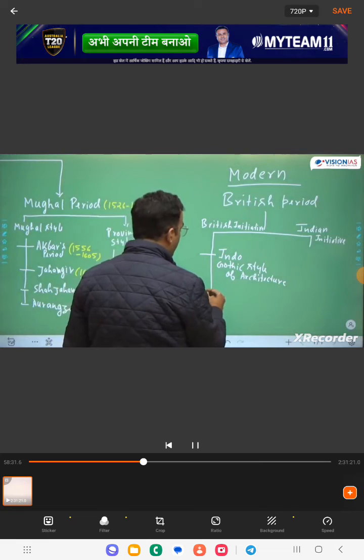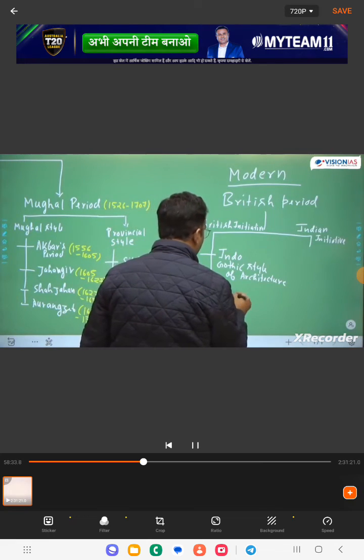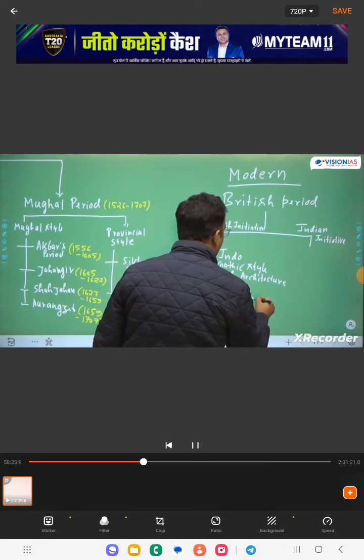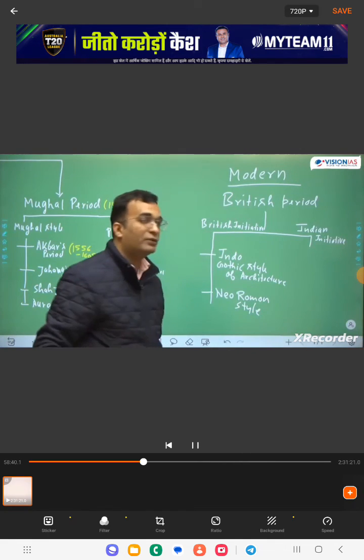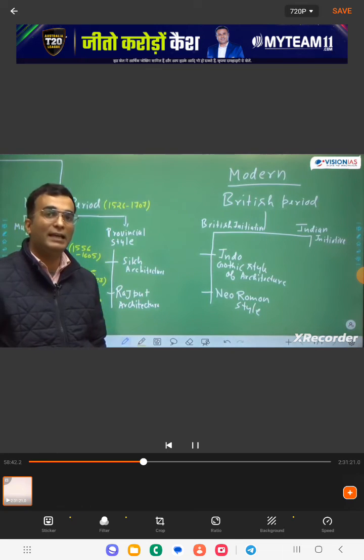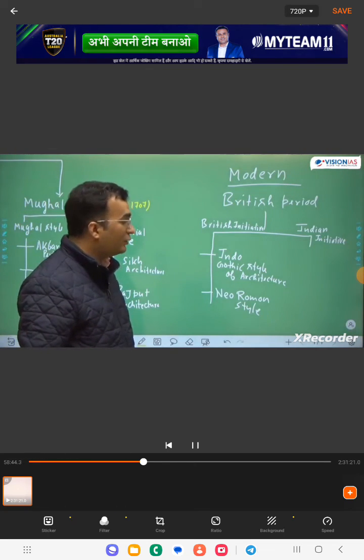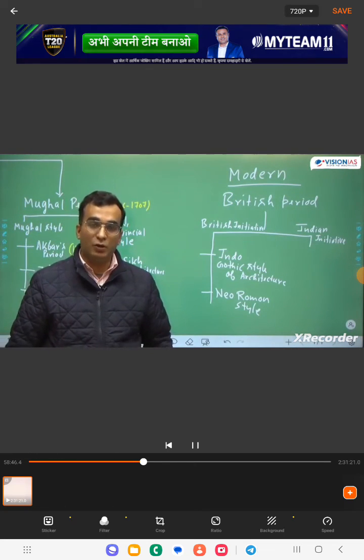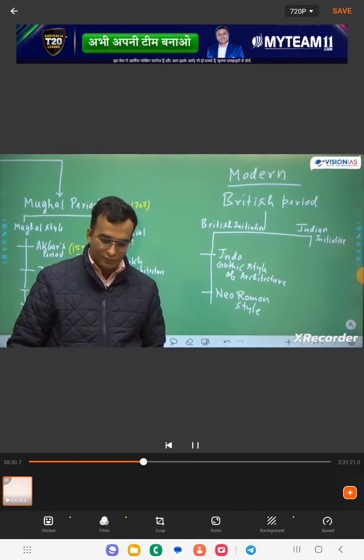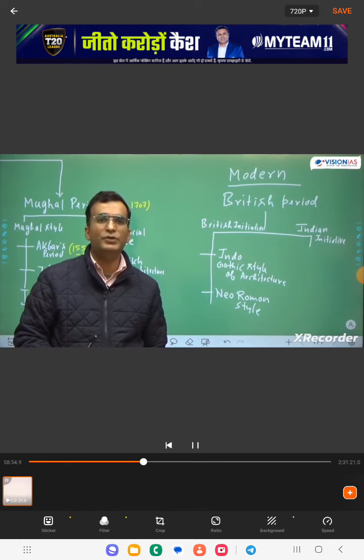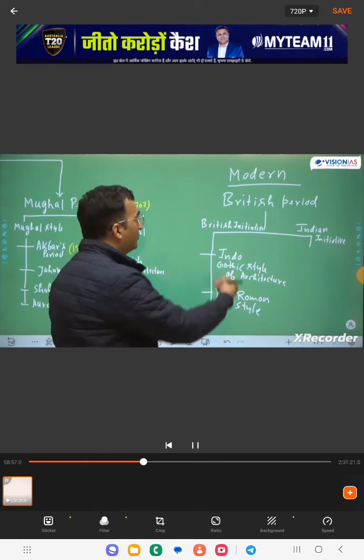And number two was Neo-Roman style. These two styles of architecture were introduced by the British in India, and obviously the duration. We can say it from 1800 till 1947. So that is the British period.